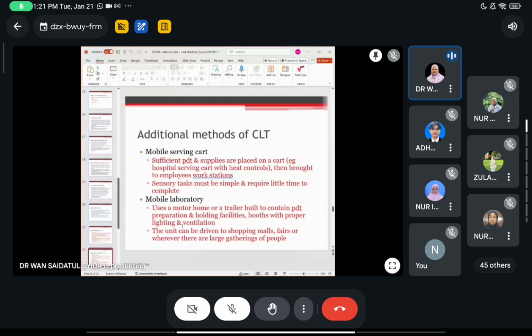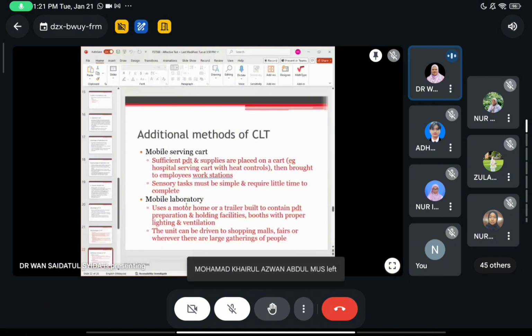If you need to suggest an additional method on how to conduct on the laboratory, on the central locations, this will be the answer. So if you are conducting your sensory evaluations in groceries, in schools, or outside of the shopping mall, these are the methods on how to conduct.